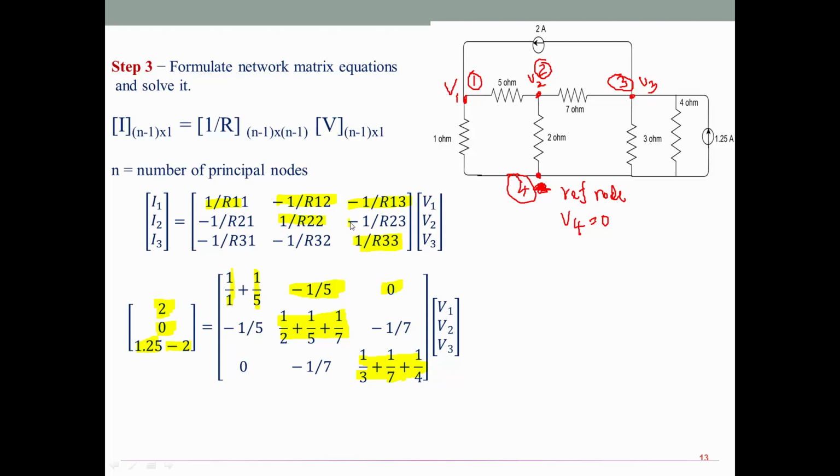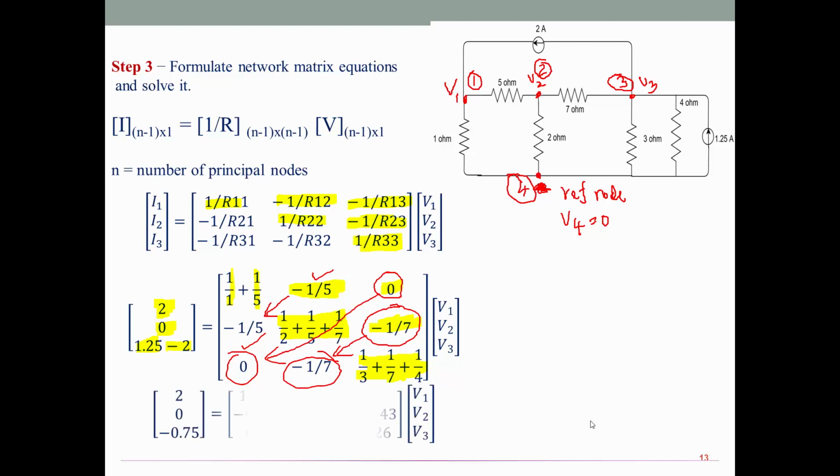And 2 to 3: we have 7 ohm between node 2 and node 3, so make it minus 1 by 7. Once you have filled these 3 values, note that this inverse resistance matrix is a symmetrical matrix. So you copy R1 to 2 as R2 to 1, R1 to 3 as R3 to 1, and R2 to 3 as R3 to 2. Simplify this and you get a simplified version of the matrix.